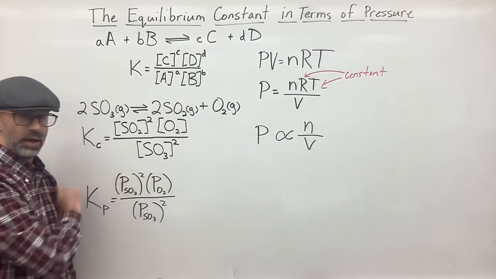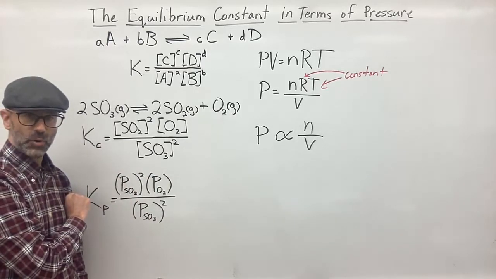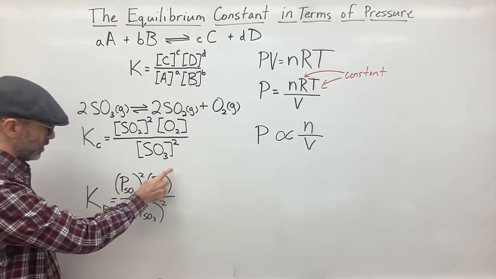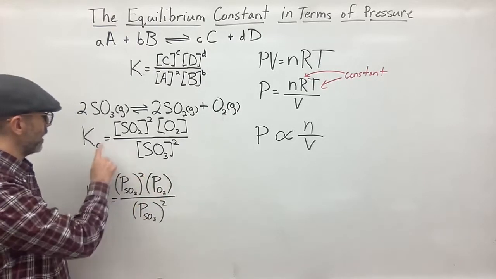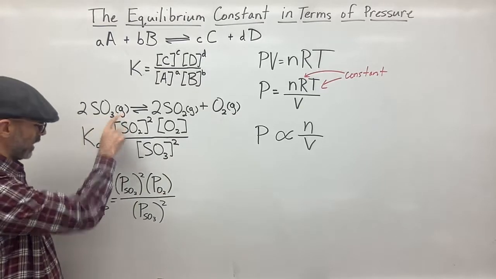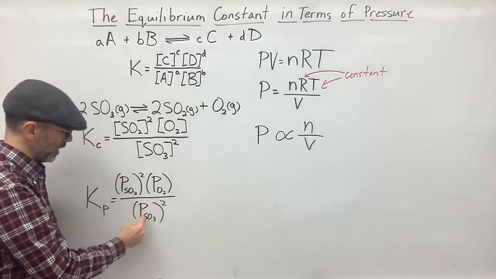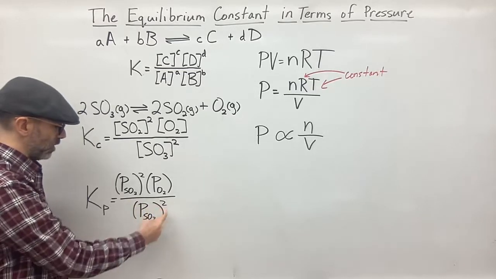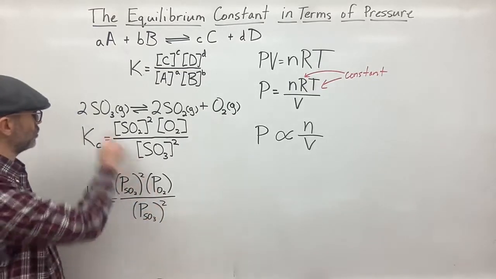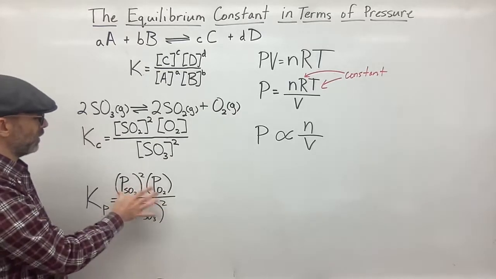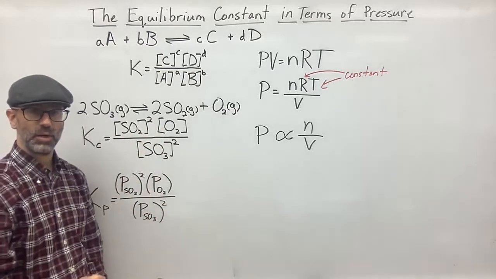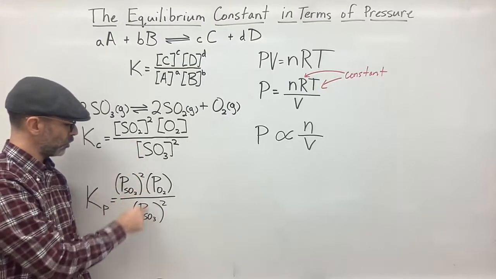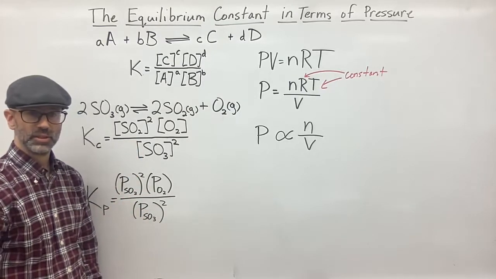There's a 1 there for the exponent of this pressure, and so it's raised to the exponent of 1. And then we have our 2 SO3 gas, so the pressure of SO3 is going to be squared because we have a 2 coefficient here. So basically this is the exact same equation, except instead of concentration, we're using partial pressures of our substances.